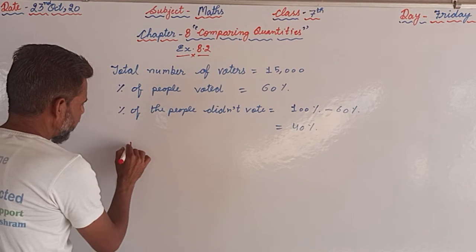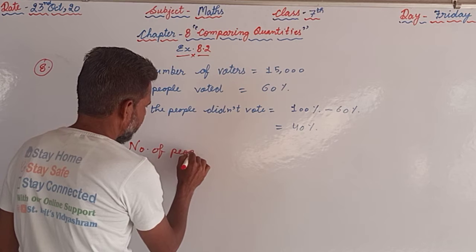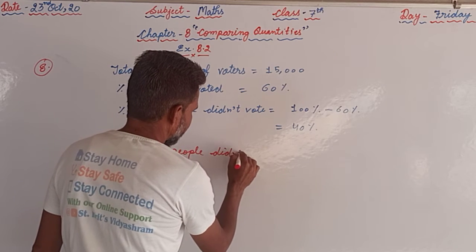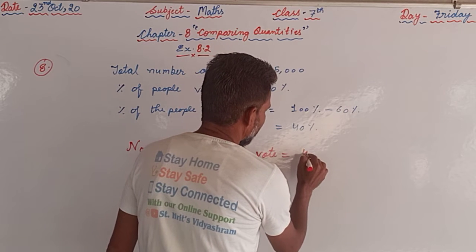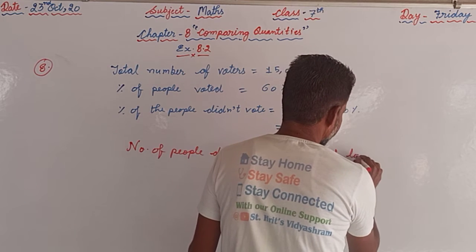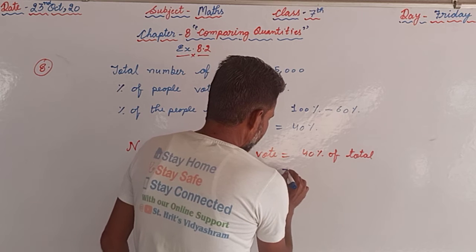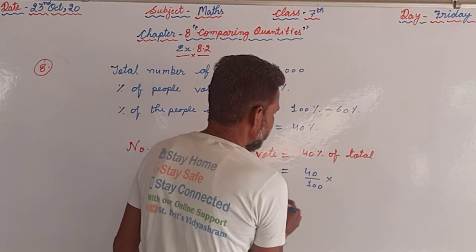So the number of people who didn't vote are 40% of total. 40% means 40 upon 100 into total.